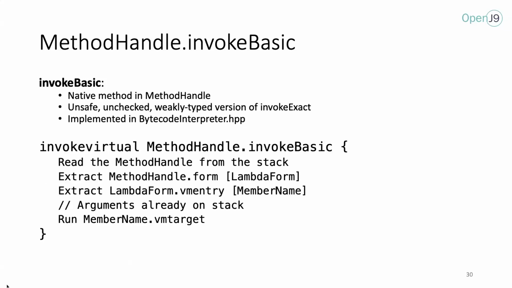What it does is it reads the method handle from the stack, then it extracts one of its internal elements, the lambda form, and then from the lambda form, the member name is extracted, and member name contains a pointer to the method which needs to be executed, which is vmtarget. So we just run the vmtarget method. To sum it up, invokeBasic just executes the member name associated to the method handle.